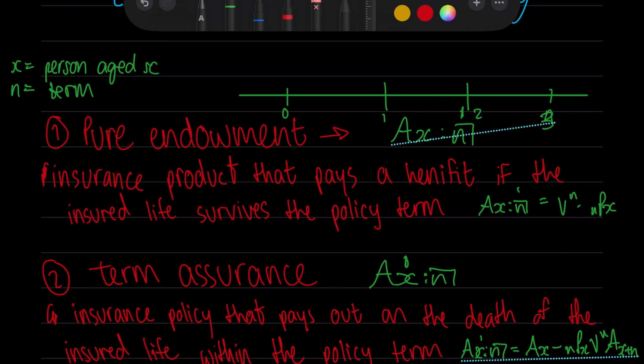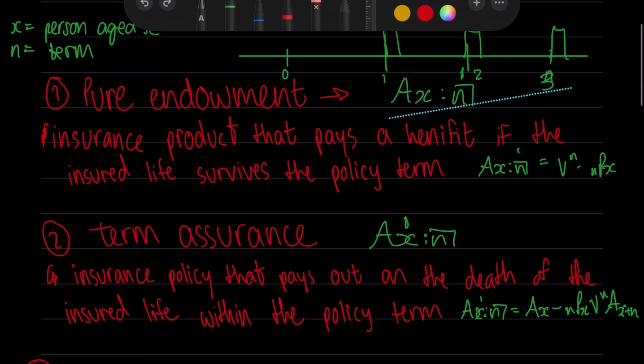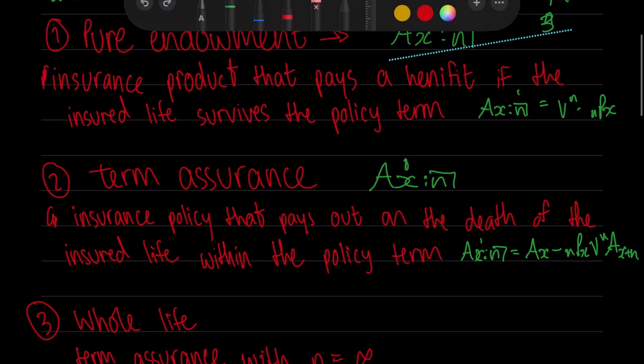We could be paid out if we die over here, we could be paid out here if we die over here, and we could be paid out at the end if we die over there. So can you see how already we have to present value 3 different amounts, and we have to calculate the probabilities of dying at these 3 different places? So it's slightly more work than the first, the pure endowment. That was only one payment that was possible. You either survive or you don't. Here, there's lots of places to die.